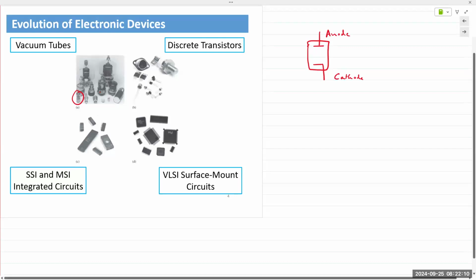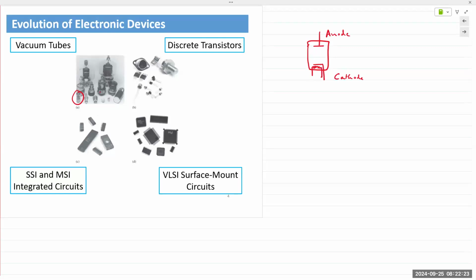There used to be a filament to heat the cathode, and the filament gets really, really hot. The cathode, which is held in close proximity to that filament, also gets hot. Ions float above the cathode surface without any external bias.